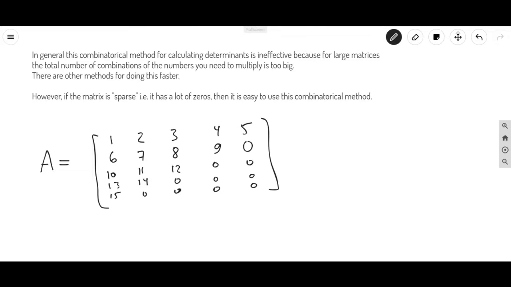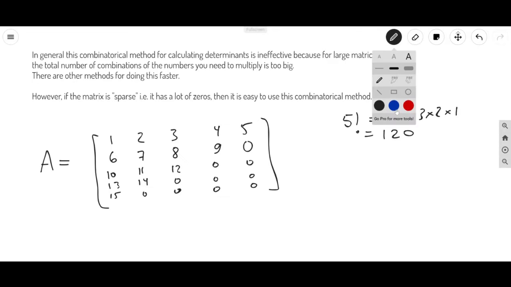Now, 5 factorial is 5 times 4 times 3 times 2 times 1, which is 120. So if you try to look at every single possible combination of multiplying these numbers out without repetition in the columns, then there's 120 such possibilities.